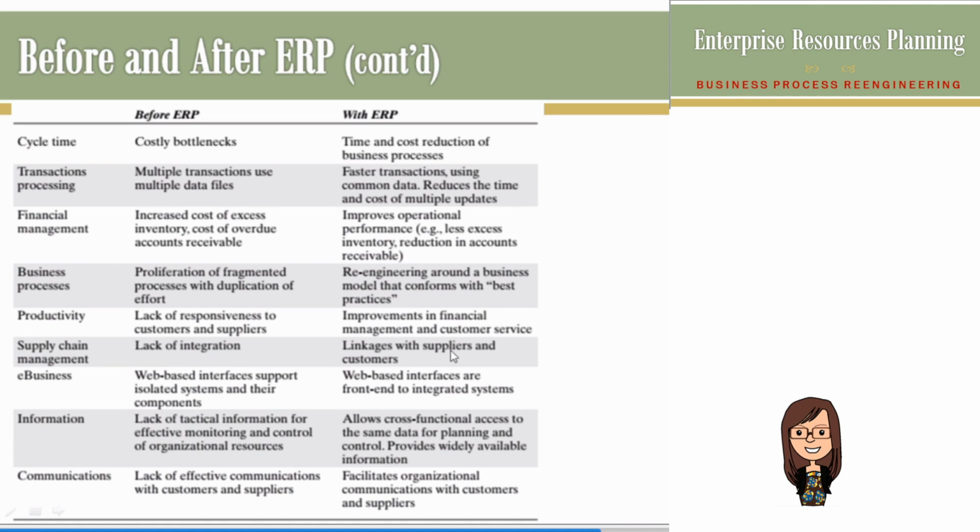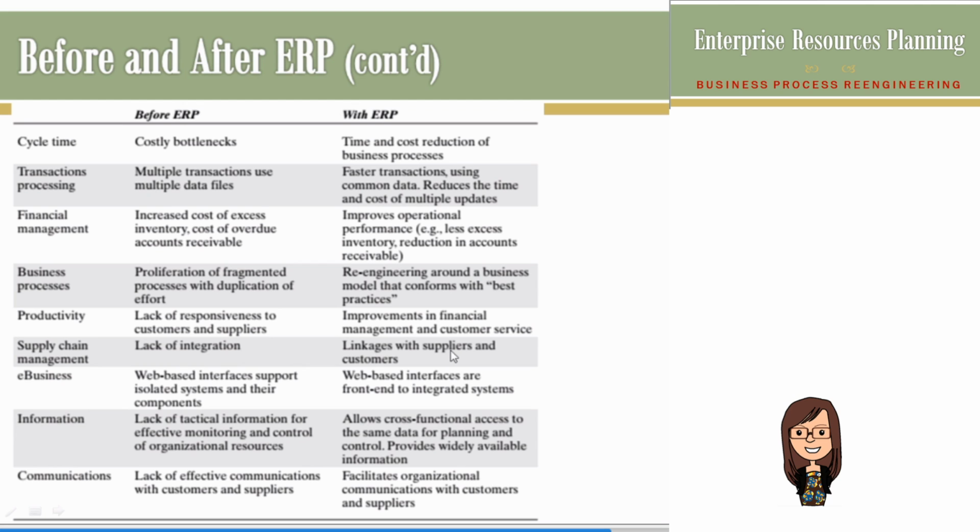And then it's also possible that we can use e-business, because once we already use the ERP, our transactions and our data can be moved into electronic form easily. So it's possible for us to move our business onto the internet, and it can be accessed from outside the company.